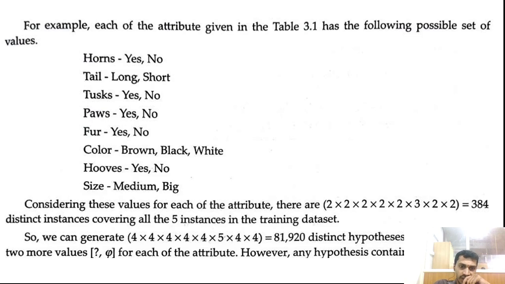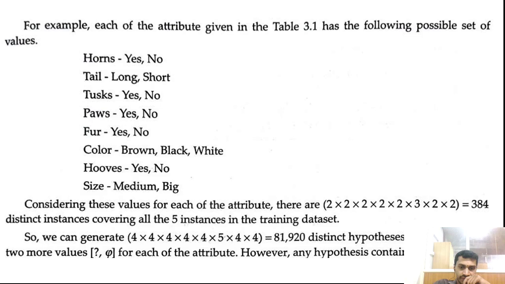Along with that, for each attribute I get another 2 values, that is any value, question mark, and one more, phi.